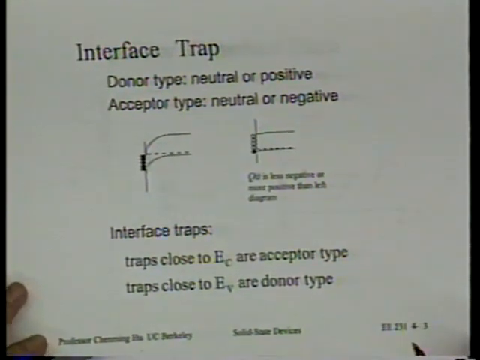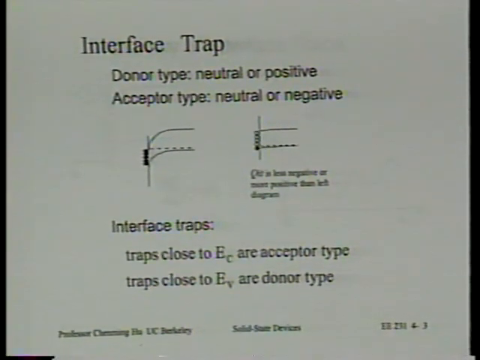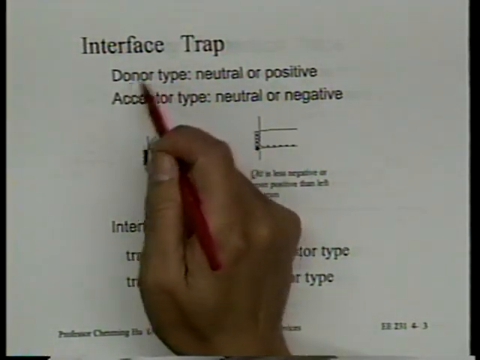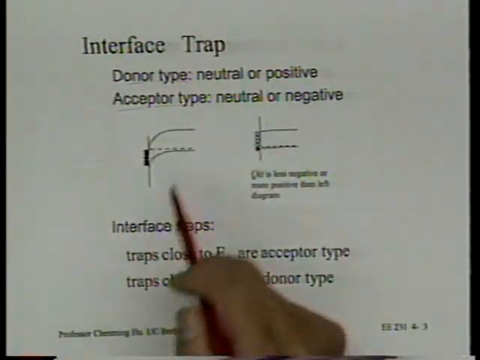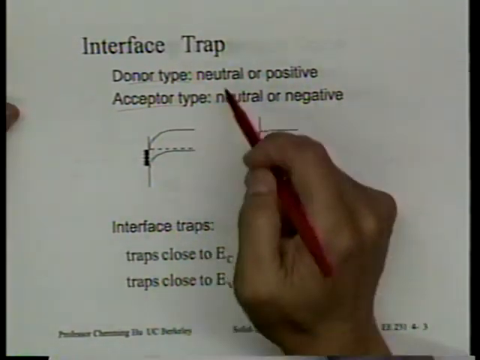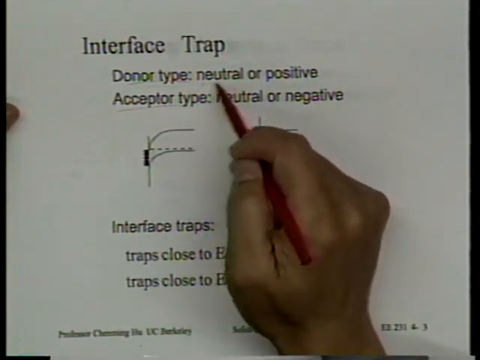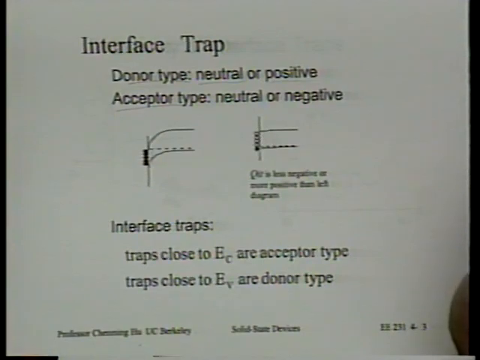All right, so now we're going to concentrate on interface traps and give some more information about that. First of all, there are two types of interface traps. These are called the donor type and acceptor type. What is donor type? Donor type is that they are either neutral or positive. It's just like a donor.